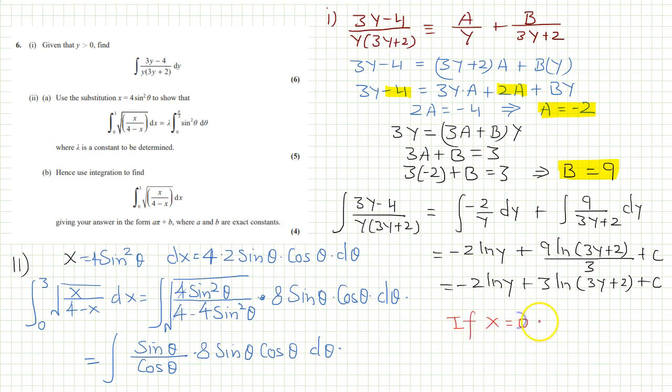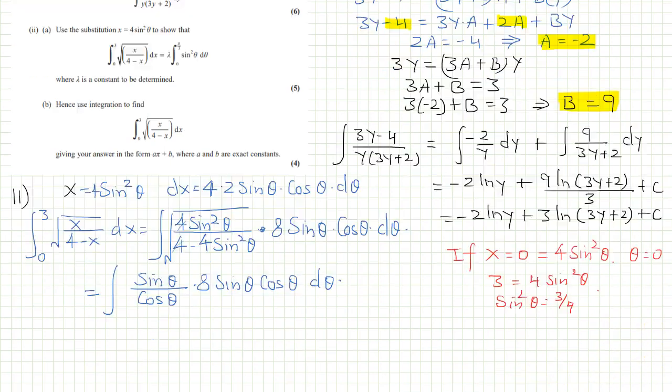Now we talk about the limit. If x is 0, where x is 4 sine square theta, then theta will be 0. If x is 3, then 3 is equal to 4 sine square theta, so sine square theta is equal to 3 over 4.